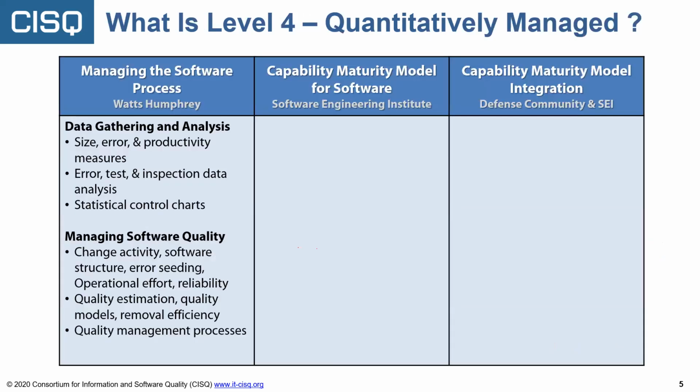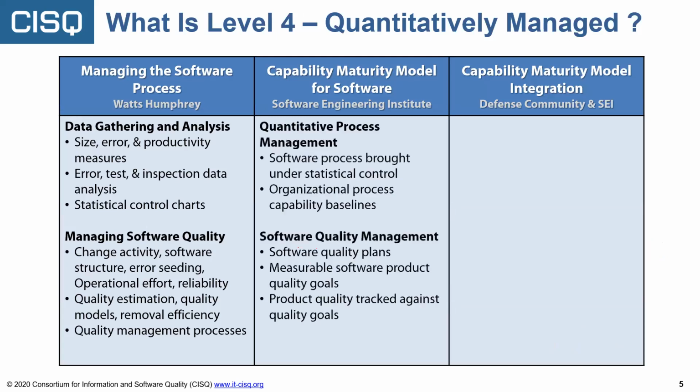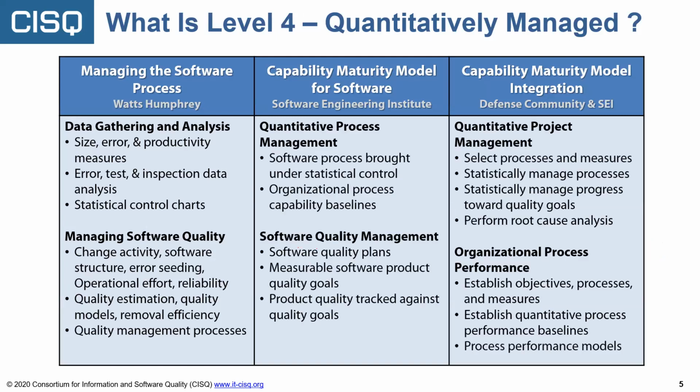So most all of you know this. I'm going to run through this real fast. This was the different ways that high maturity was represented. This is level 4 in Watts's book, Managing the Software Process, then in CMM 1.1, and then in CMMI.